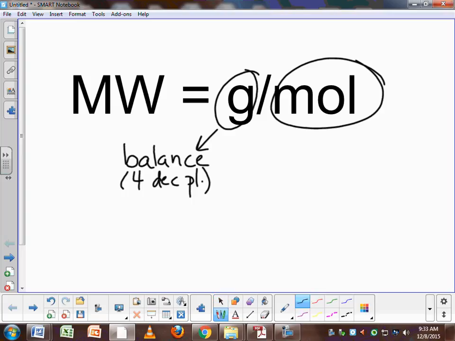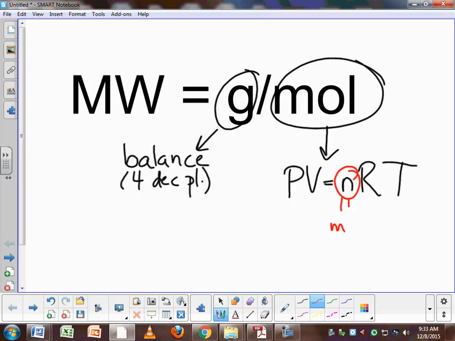Now moles, we don't have something that can measure moles directly. Moles is something that we have to calculate in chemistry because the mass of a mole will change based on what substance we have. So we're going to get moles from PV equals nRT, because the n component is moles.